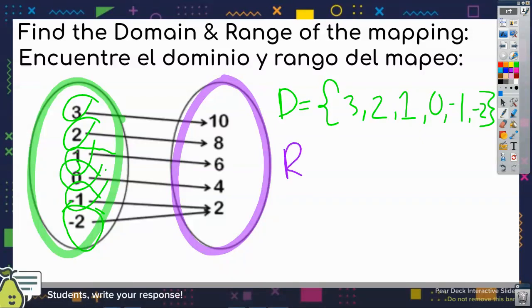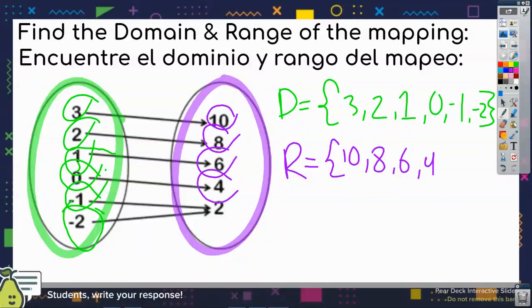Range. R equal sign. Fancy squiggle. Wow, that's my ugliest one yet. 10, 8, 6, 4, 2. Now here's the thing I didn't talk about. I'll accept it. This is fine.